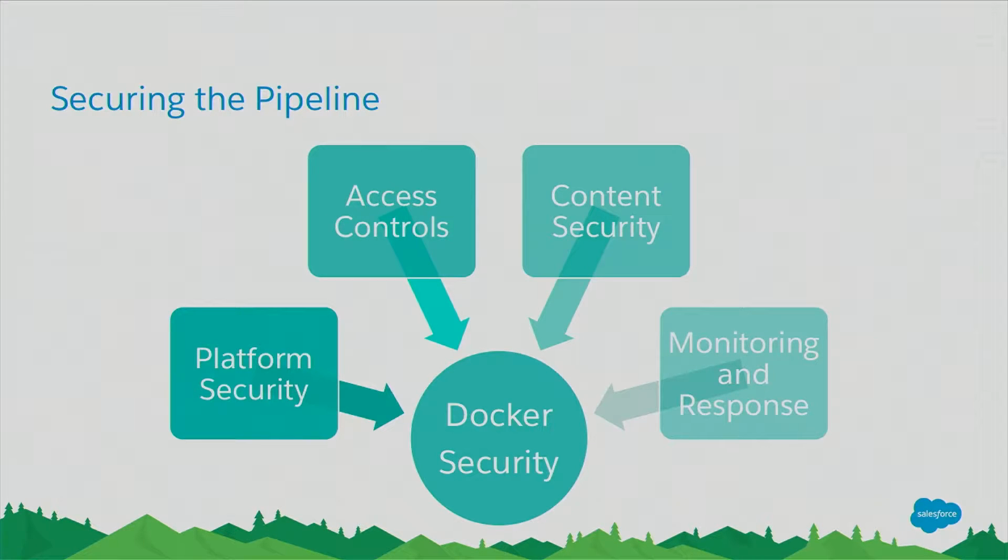Content security, whether this is the image itself or the application that runs within the container. And then, of course, to keep an eye on these things that are running, you need to have monitoring and, of course, plan for the response in case of an eventual attack and a resulting compromise.